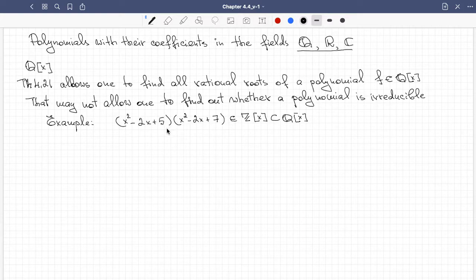It is reducible because it is written as a product of two polynomials. At the same time, neither of these polynomials has roots, that's easy to check: they are quadratics with negative discriminants, and they don't have even real roots, therefore they don't have rational roots.